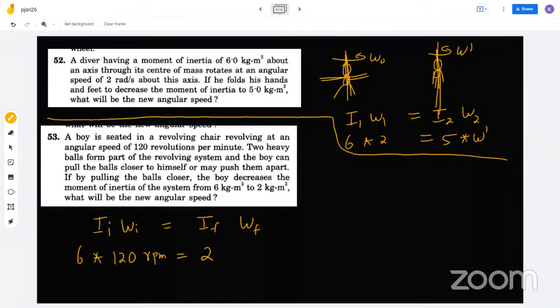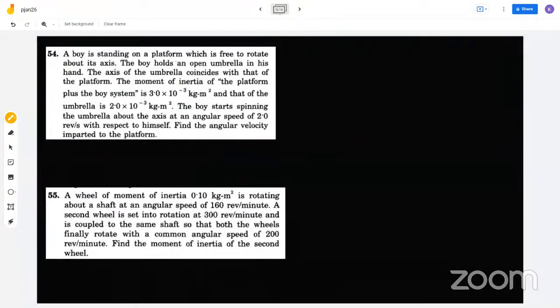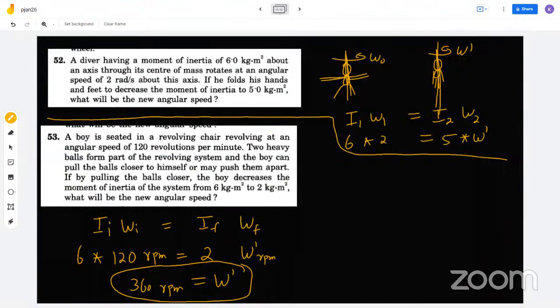Final is 2 और इसमें निकालना है omega dash RPM. 360 RPM. Okay, so this omega dash is 360. Okay, guys. Then next one. Oh, sorry, this one everybody had copied now, guys. Okay.